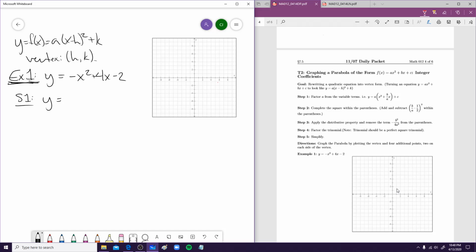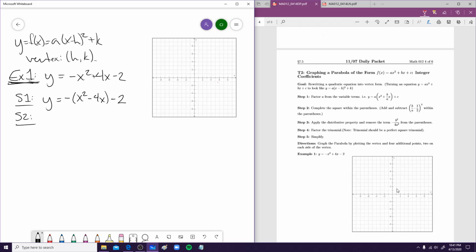In this case, a is negative 1, so I'm going to factor out that negative, and I get x squared minus 4x, and then I'm just going to leave this negative 2 out here, right? If I distribute that negative 1 back in, I'm left with my original problem, so I didn't change anything.